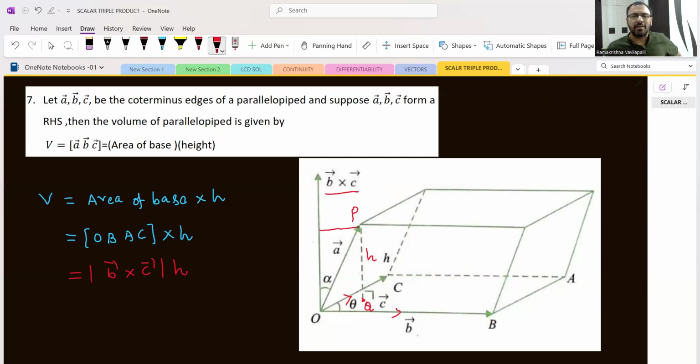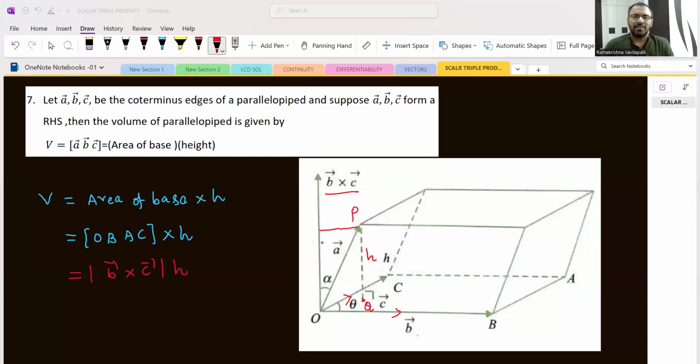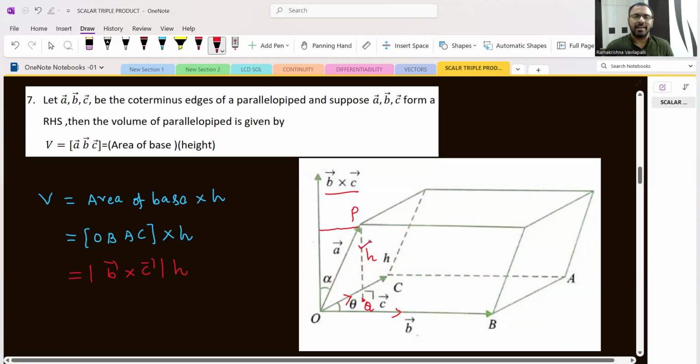Drop the perpendicular from P to this line. So here the base is a parallelogram, so the area of the parallelogram is B bar cross C bar, and the height is nothing but, from the top face, you drop the perpendicular to the ground face. This is nothing but the height.